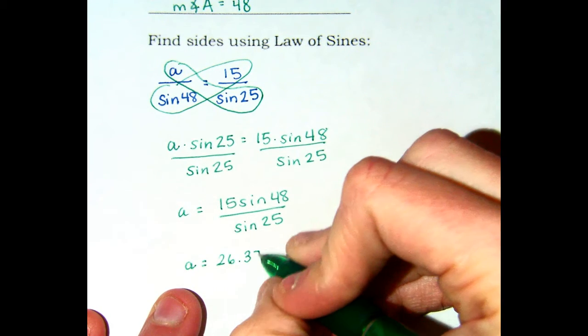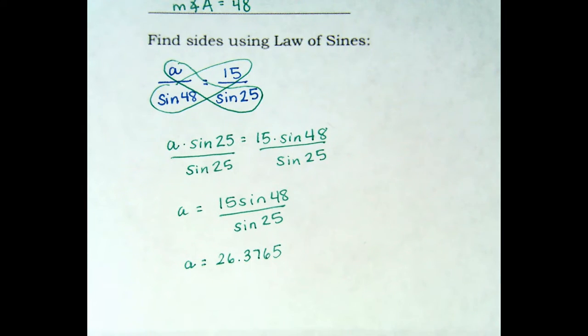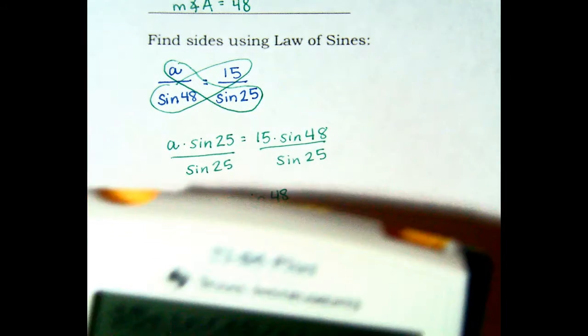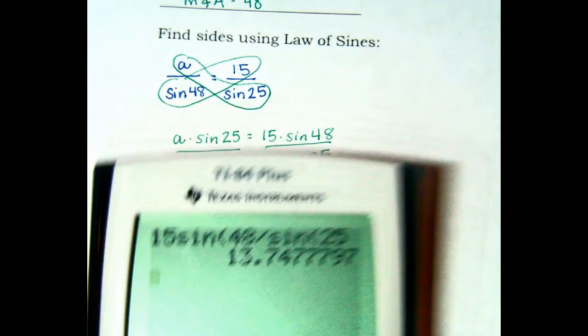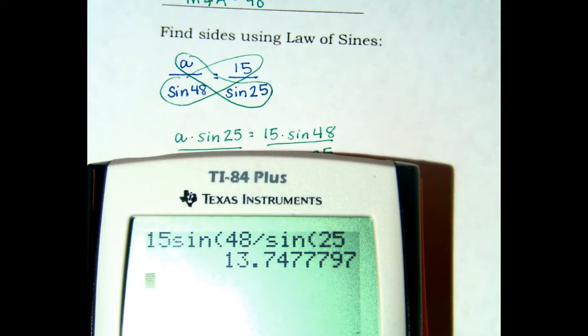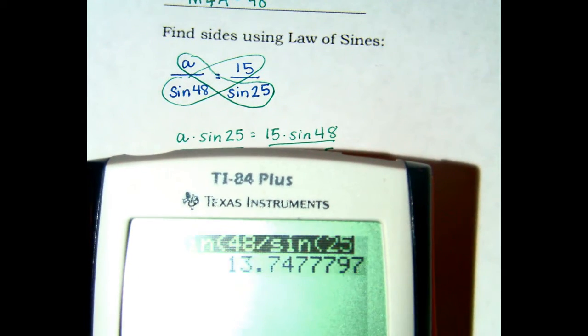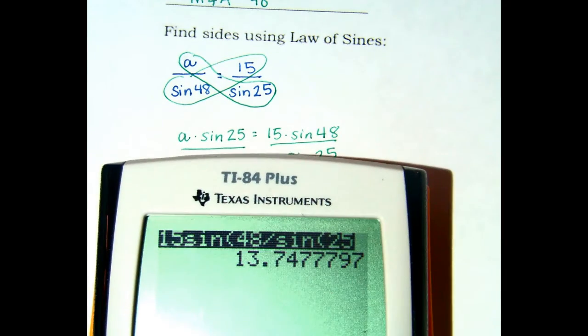Somebody get anything different? I got 13.7477797. Oh, yeah, you see this? I didn't close the parentheses. People do that all the time and get the wrong answer.